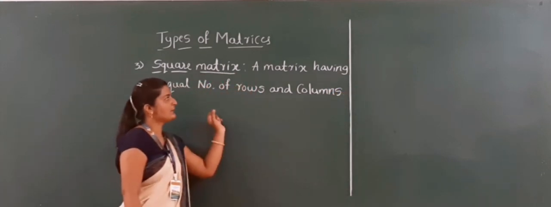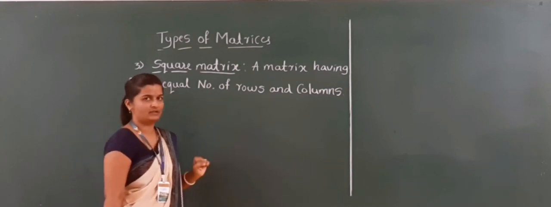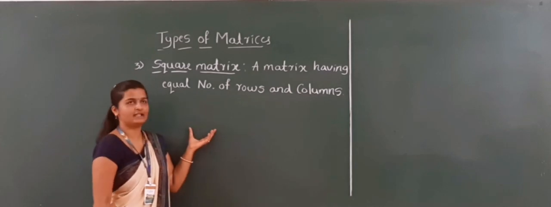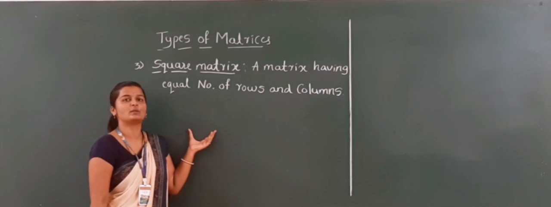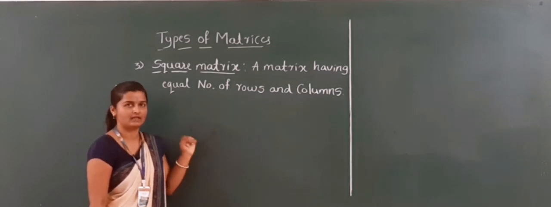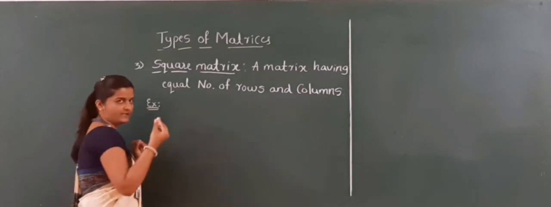So see here, a matrix having an equal number of rows and columns. It can be said like this also: a matrix where the number of rows and the number of columns are the same, are equal. For example, I can write like this.